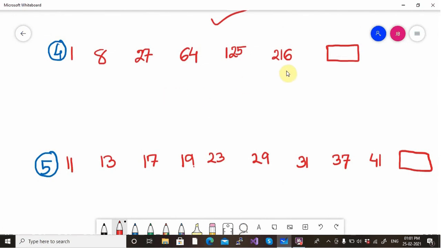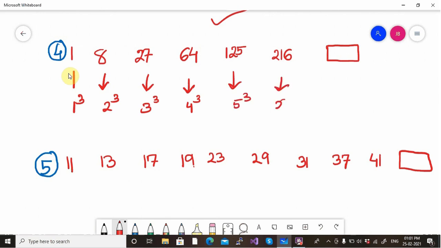So it is in increasing order, and we can find these digits are cube numbers, right? 1 is 1 cube, 8 is 2 cube, 27 is 3 cube, 64 is 4 cube, and 125 is 5 cube. 216 will be 6 cube. So definitely we can say it will be 7 cube. So the answer will be 343.